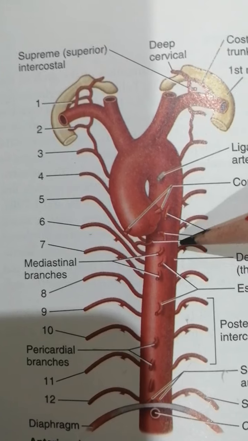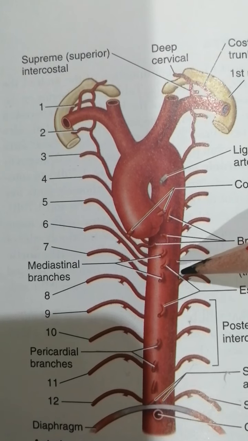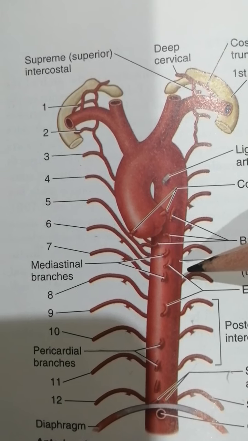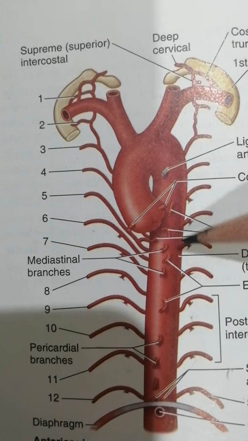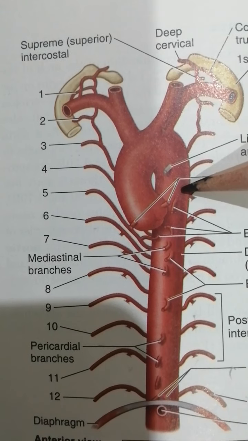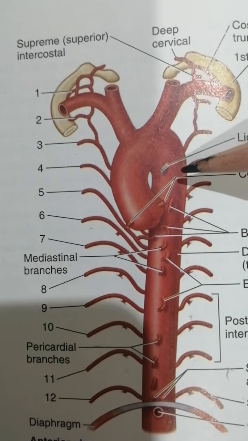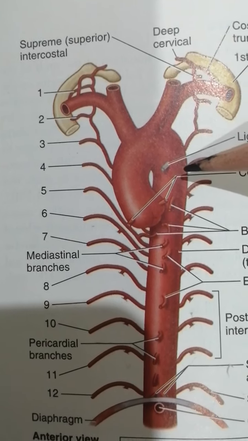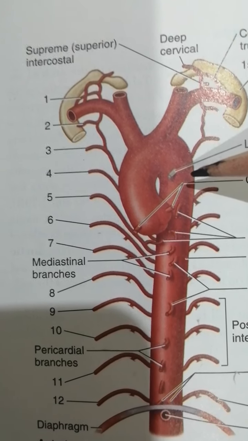It descends downward just lateral to the vertebral column as well as the esophagus. It gives some paired branches and some unpaired, and it follows the 3 vascular patterns.